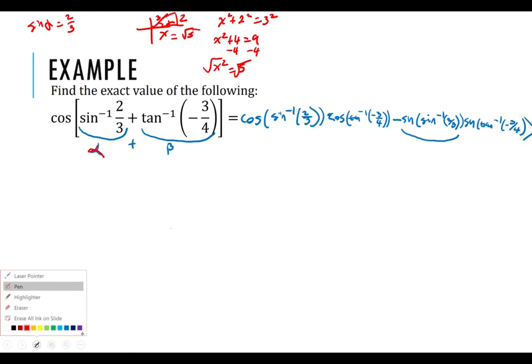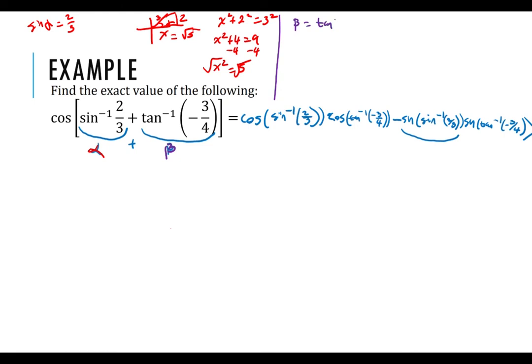But just because I'm going to have to do it anyway, let's go ahead and deal with this beta. And so for beta, recognize that beta is my tangent inverse of negative 3/4. And so if I have beta equal to tan inverse of negative 3/4, let's think about that for a moment. Well, where does that live on the unit circle?